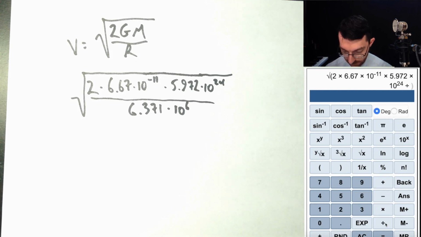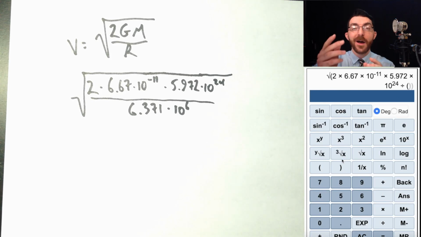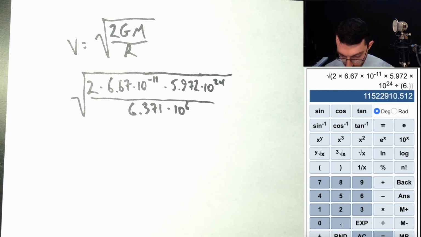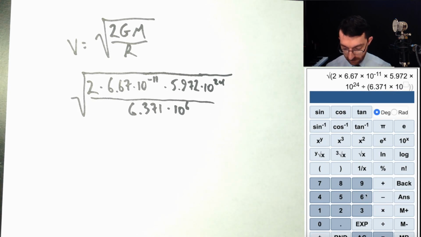Now we're going to have to be dividing this by, and I need parentheses, because if you're dividing by scientific notation, you always need parentheses so that you are dividing by the coefficient and the exponent. Divided by 6.371 times 10 to the power of 6.